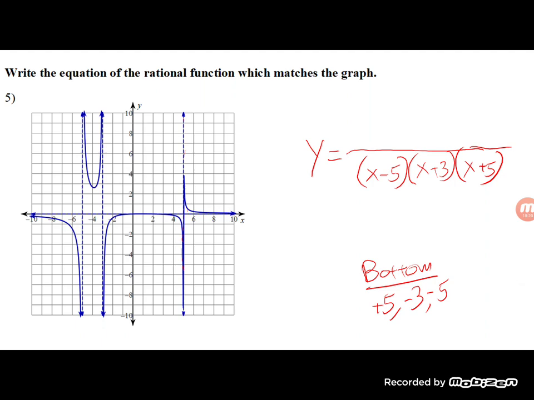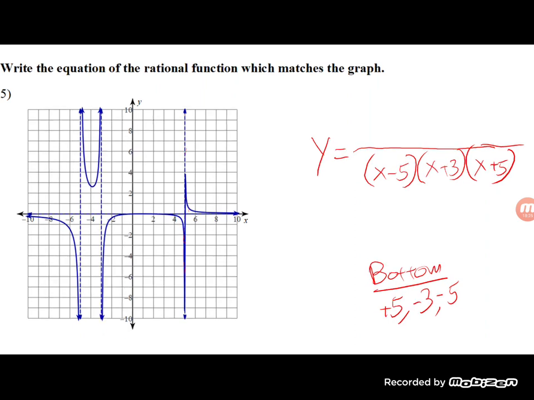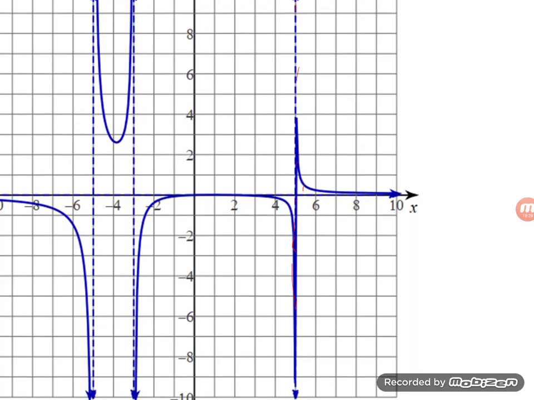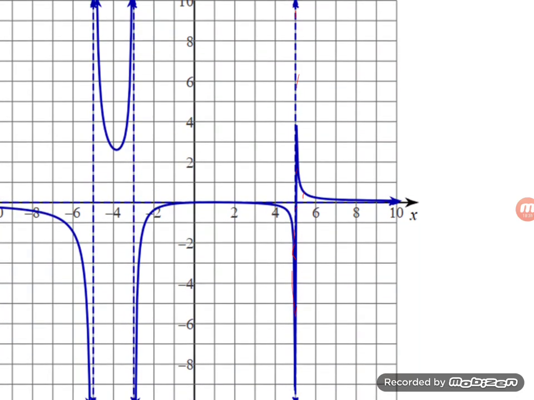So now, what about our x-intercepts? It's a little bit hard to see. I'm going to go ahead and use my advantage of technology to zoom in here. And I'm seeing zeros that kind of look like they are one right there. If you see it, it curves up ever so slightly. Looks like one right there and one right there.